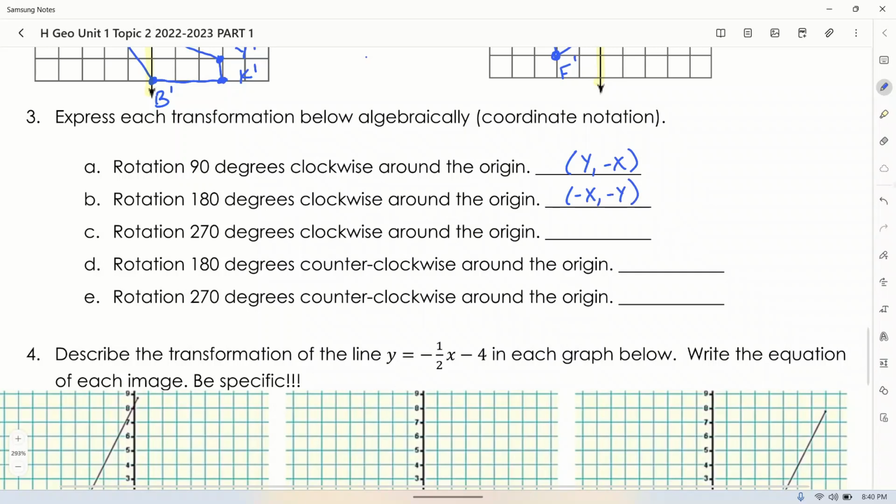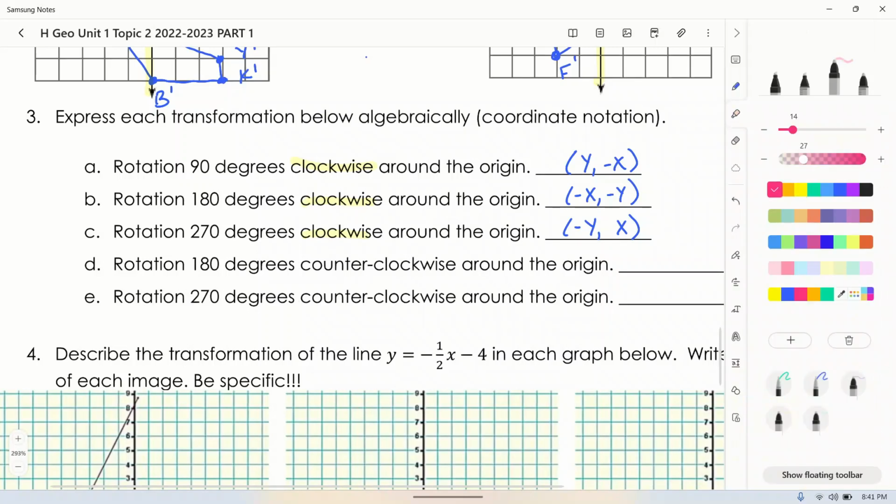If we go to 270, yet another little bit further, it's negative y comma positive x. Now please note that these were all clockwise. Every single one of these was clockwise, and the next two are going to be counterclockwise, and I'm actually going to start with E.